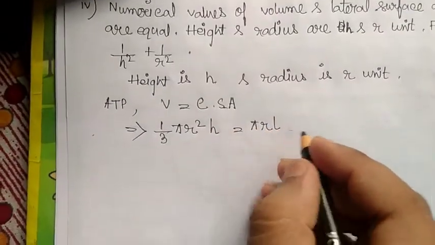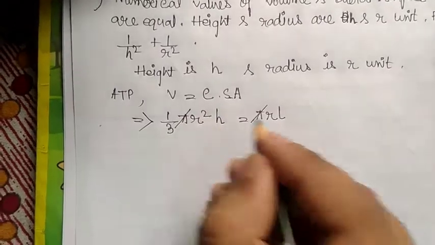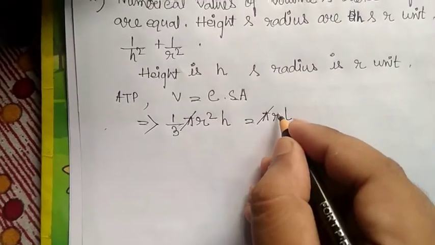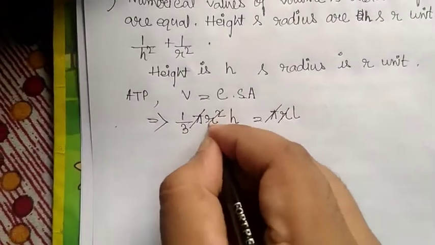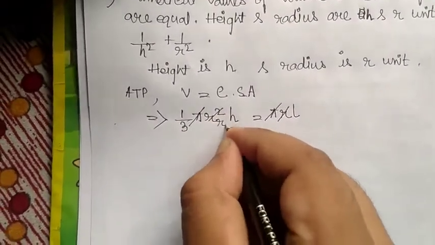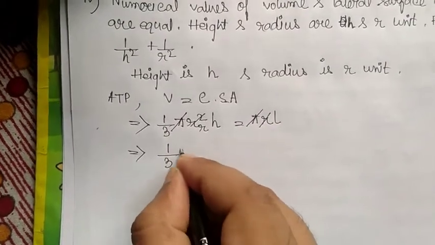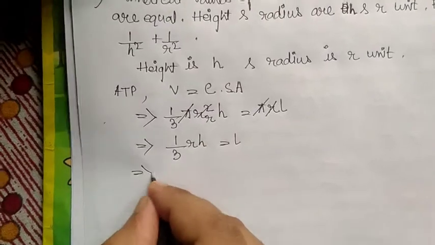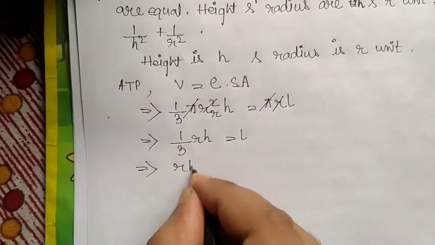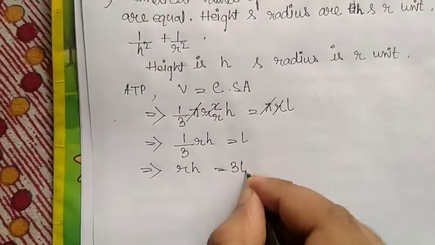So first we have to eliminate pi and pi here. There are 2r and there are 1r. We have to eliminate 1r also on both sides. So we cut this, and the remaining is rh. So therefore we can say that 1 by 3 rh equal to l. So rh equal to 3l.